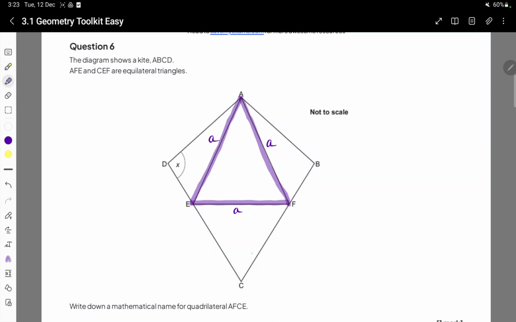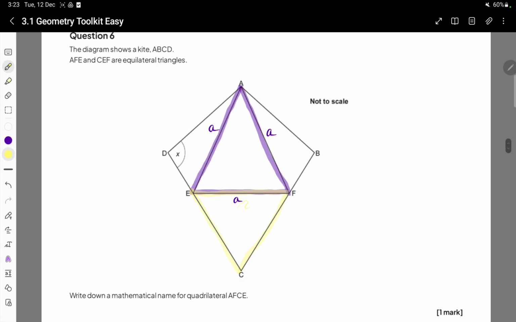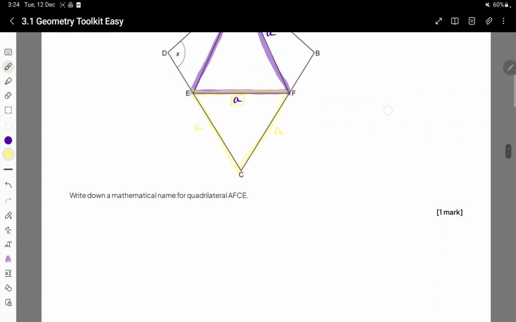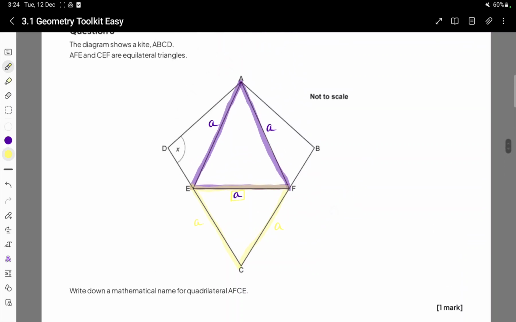So I will go with CEF, this one. This is also an equilateral triangle. Now I have taken this side as a, so the same side is coming again, which means this is also a, this is also a. What they are asking here is to write down a mathematical name for quadrilateral AFCE.